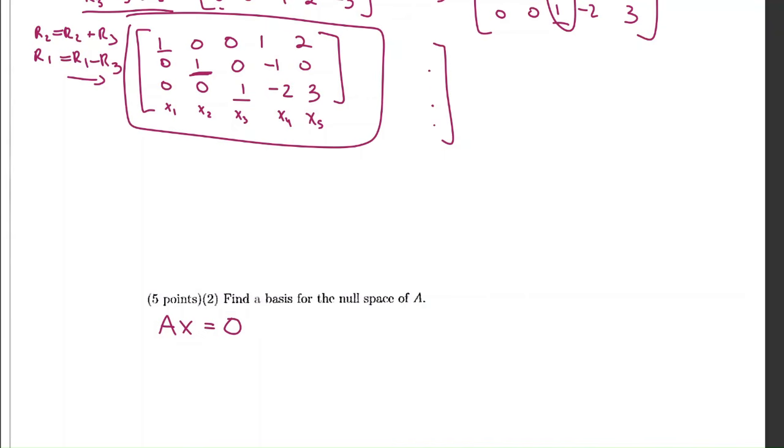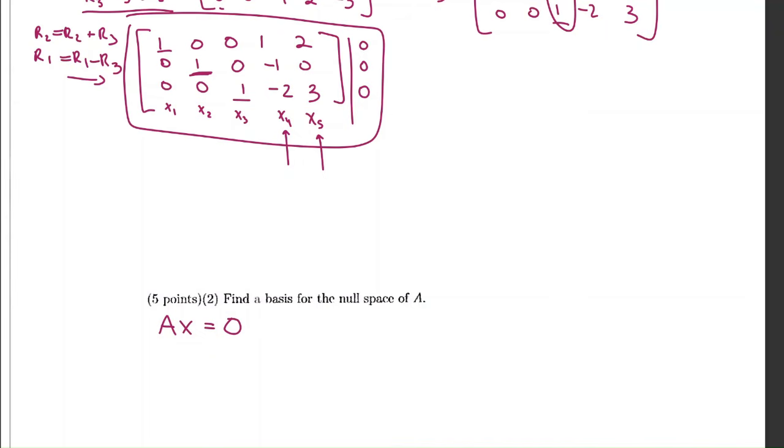But if you have this augmented matrix and then I include the equals to 0, basically, so I have this here, right? If I wanted to solve for x1, x2, x3, x4, x5, then I'm going to assign these 2 free variables because there are no leading entries for these 2 columns.